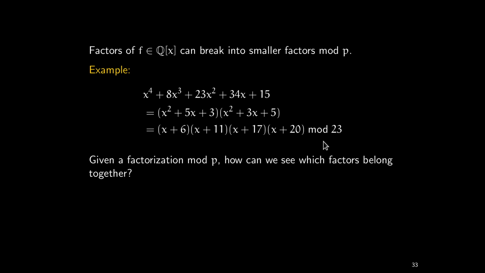And the idea is to do Hensel lifting. So we can take this factorization here and expand it if necessary to a factorization modulo higher powers of 23. And this will be useful if the factors will have longer coefficients.